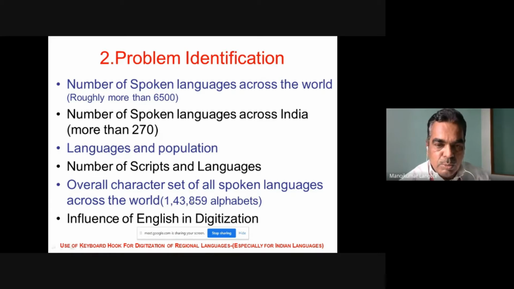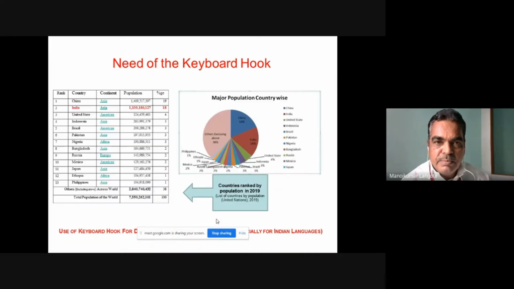So till now it is 1,43,000. Then we will see about the influence of English in digitization. My paper will focus on the problems in digitization of these vernacular languages of India.